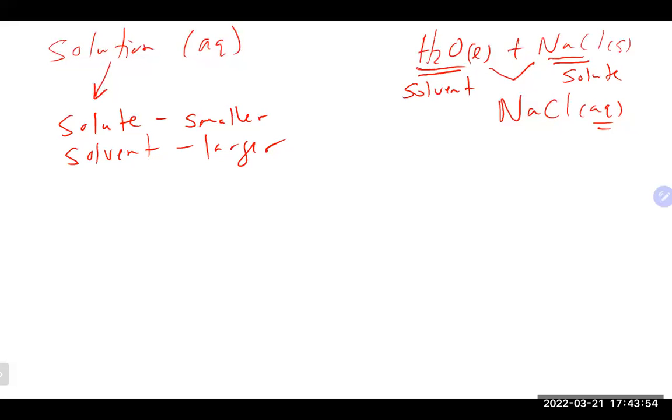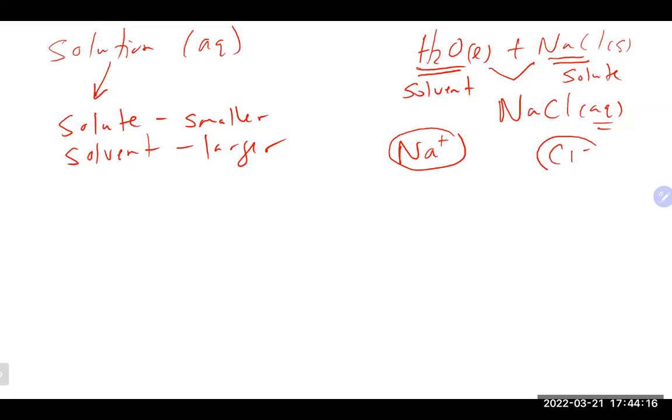As we talked about last time, water is a really good solvent for a lot of things that are ionic, for example, things that are polar. But again, it's not always the best solvent. So what happens when the sodium chloride goes for a swim? It will break apart into its ions.